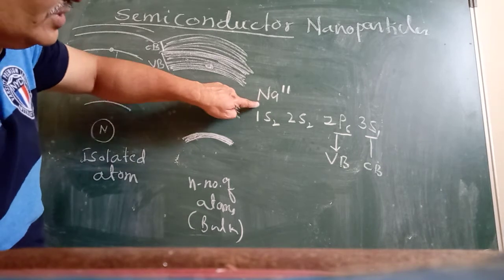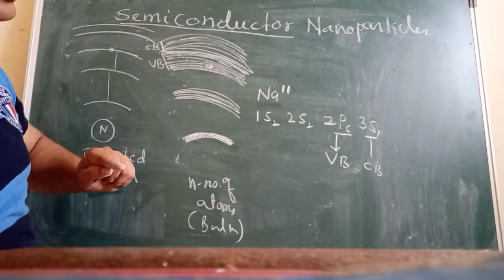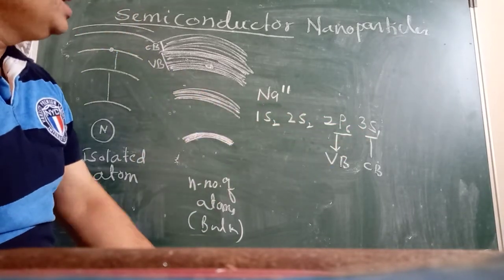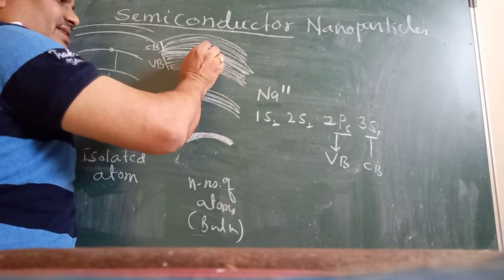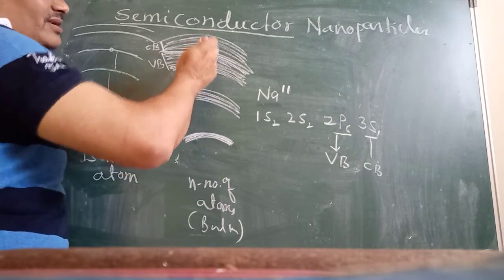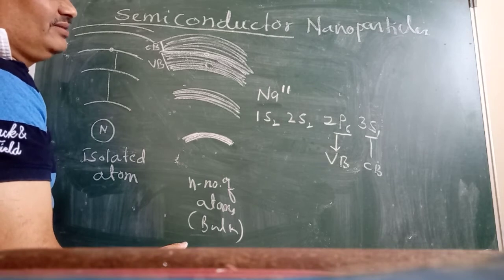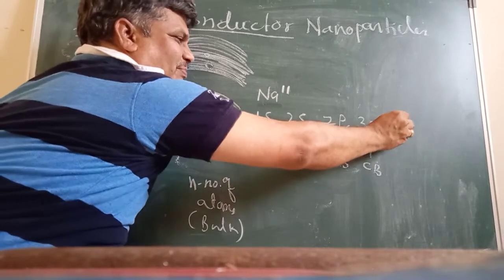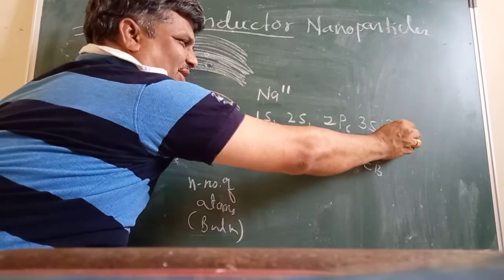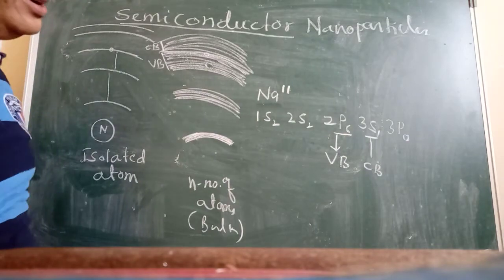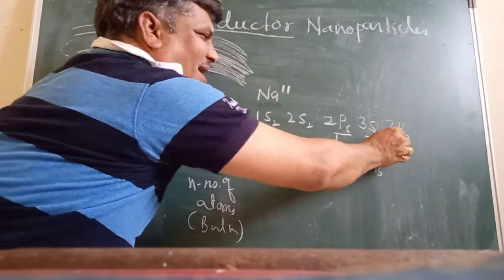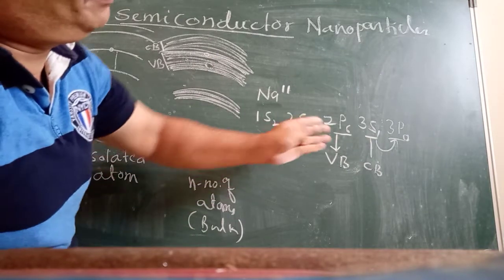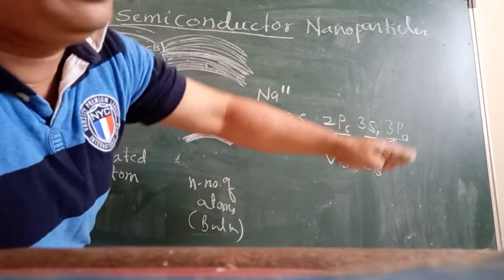In a metal like sodium, the conduction band is partially filled, and the valence band and conduction band overlap. Next to 3s1 are 3p, 3d, and 4s, with no electrons.